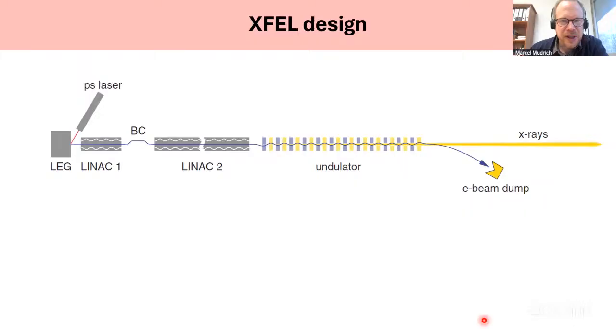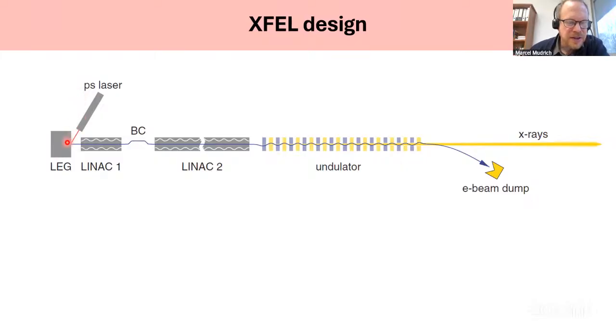Okay, now let's have a quick look at how a free electron laser is actually built, because it looks quite different compared to a synchrotron. I mean, this is all a linear arrangement, and even the starting point, the electron emission, is different.